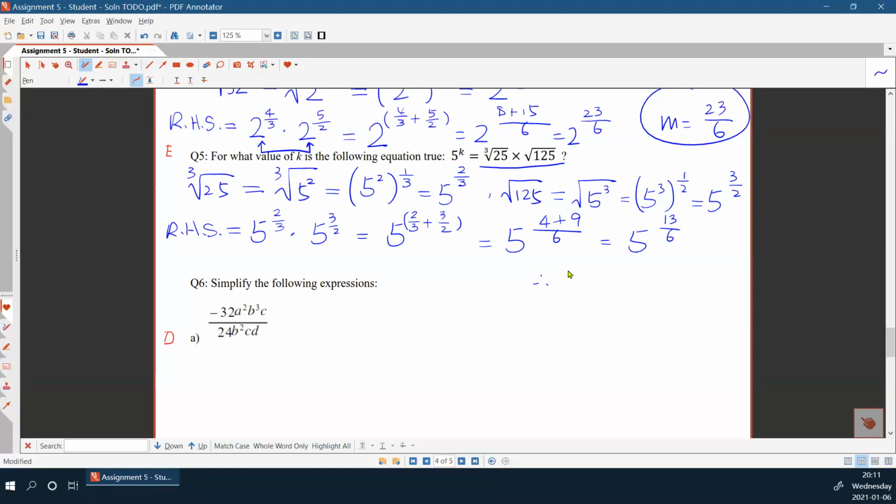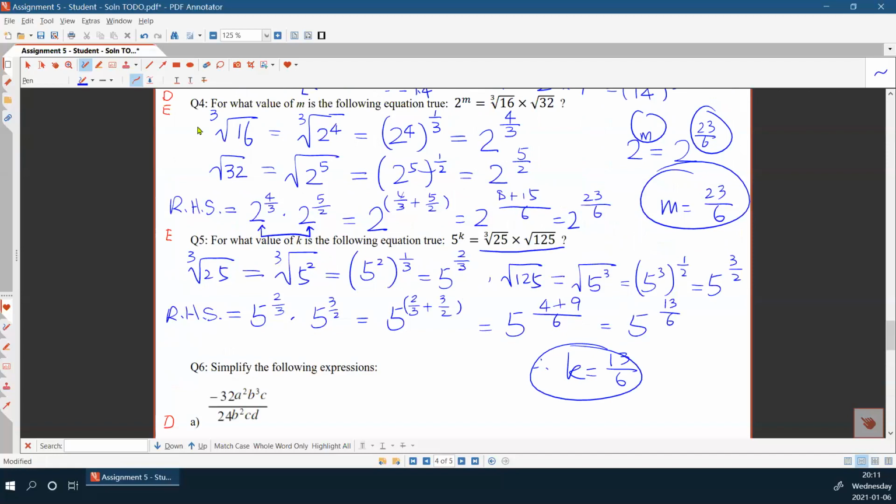So what is the k? K is, of course, 13 over 6, right? Okay, understand? Okay, put it in your notebook. Okay, what I mean here, because question 4 and question 5 are very similar, right?